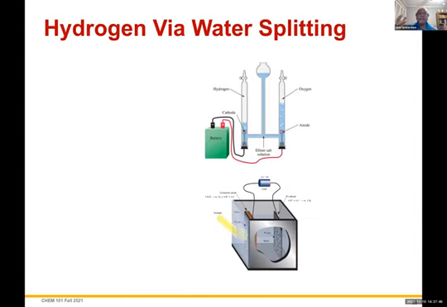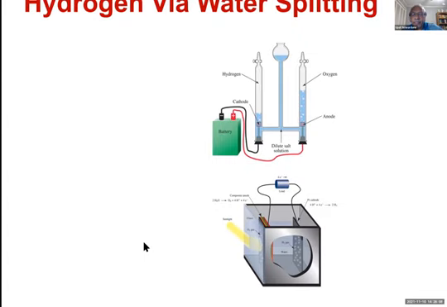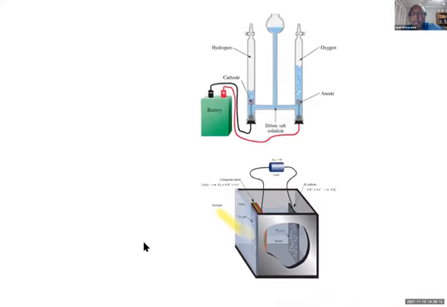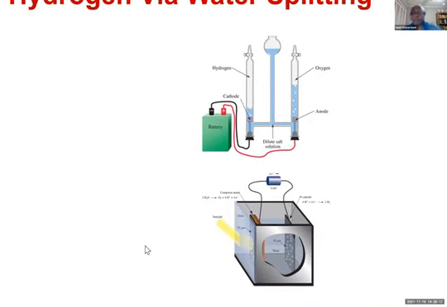Now, direct use of hydrogen comes from water splitting by electricity, electrolysis. You can have a battery and produce hydrogen and oxygen if you have electricity. Then you can insert them into the fuel cell and use it in a car.